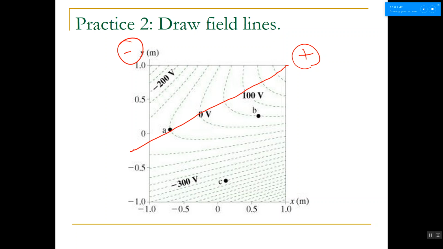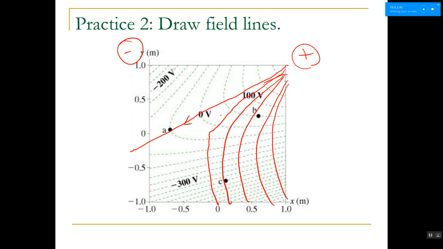Well, let's draw the electric field lines and see what we get. So I drew one already. Could you show me which direction the arrow is going? Is the arrow going towards the left, or towards the right on the electric field line that I drew? Left or right? Left, yeah, very good. It's going from positive to an area that's less positive. Now I have to draw lines that are perpendicular to all of these, so I'd do something like this, like this, like this.